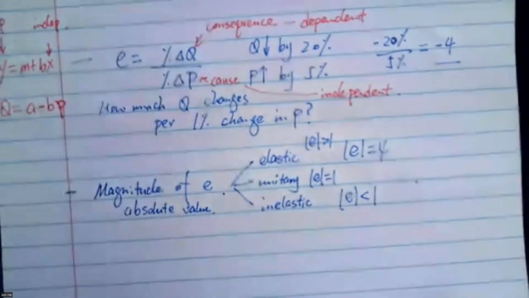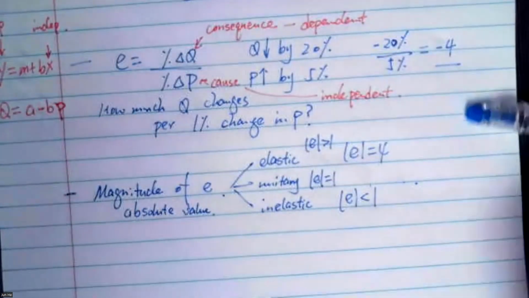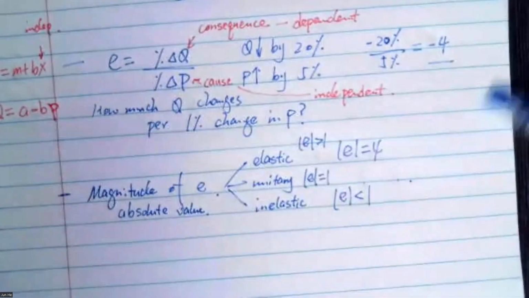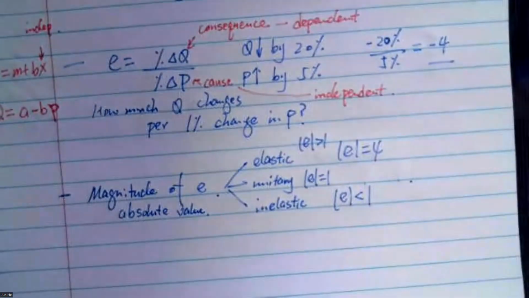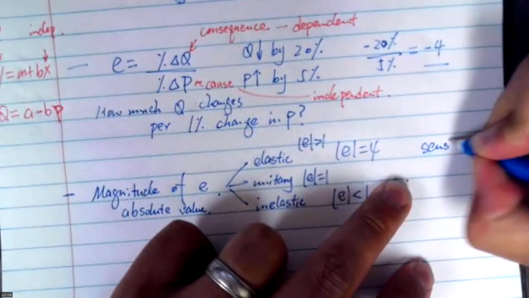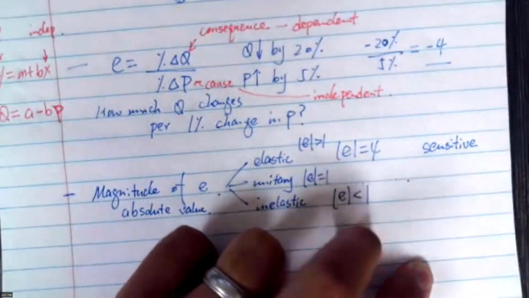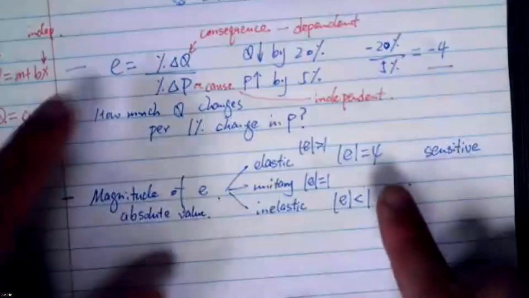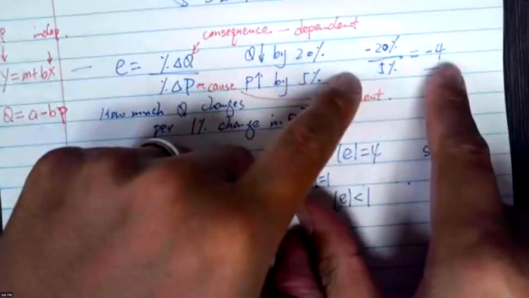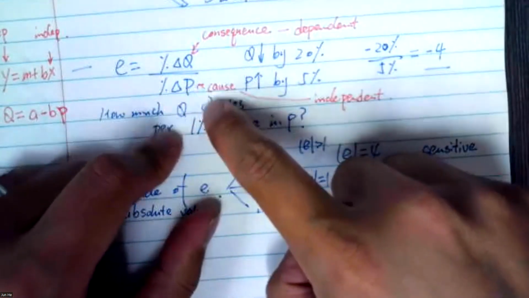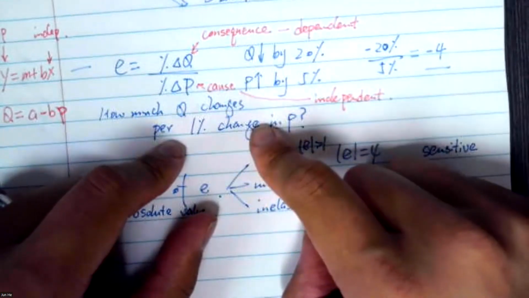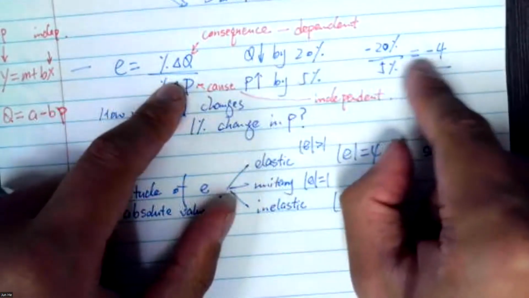Okay, so elastic, what does this mean? Elastic actually is also interpreted as sensitivity. And here it's sensitive to price, right? So in this case, if price increases by 1%, quantity will decrease by 4%.